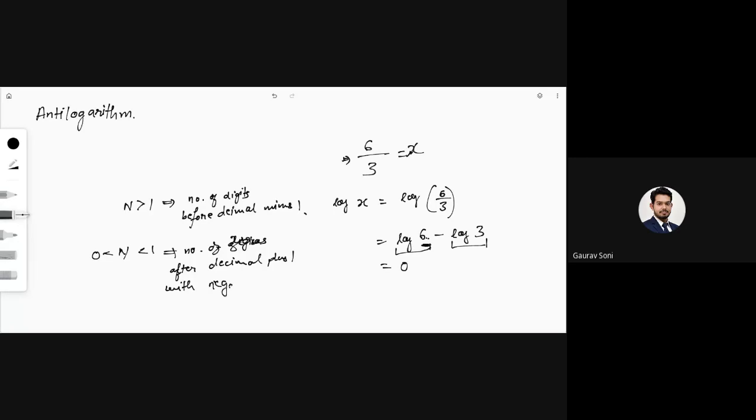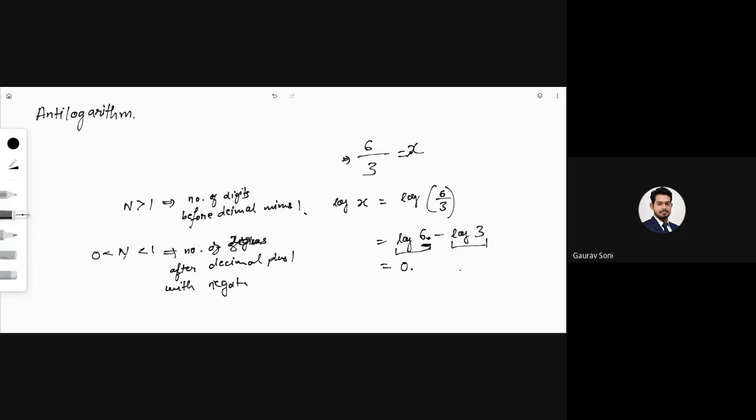Now the digits before the decimal point is 1, so 1 minus 1, 0, point. Now what we have to do? We have to look in the log table. We'll have to look at 6, right? 6.0. So for 6.0, what is the value that we have? 7782.